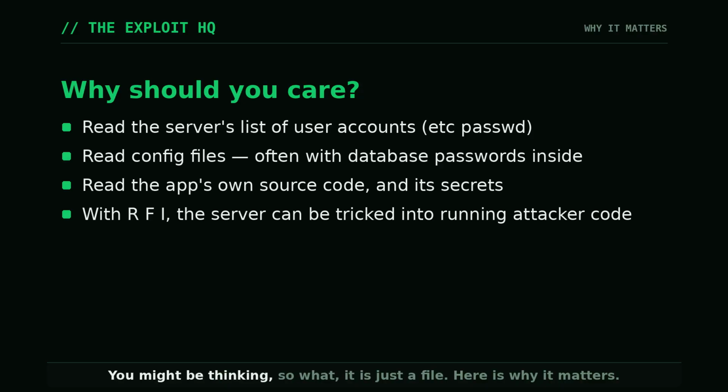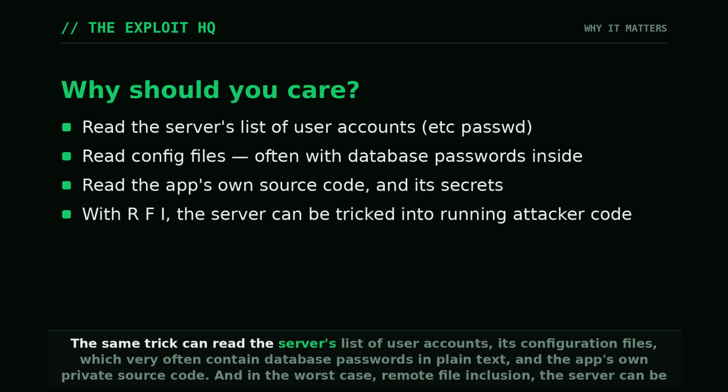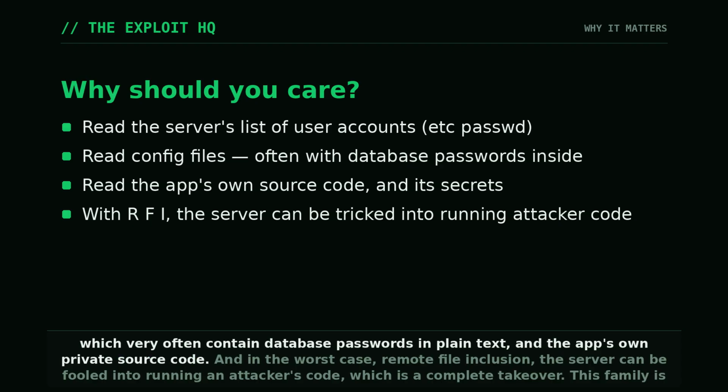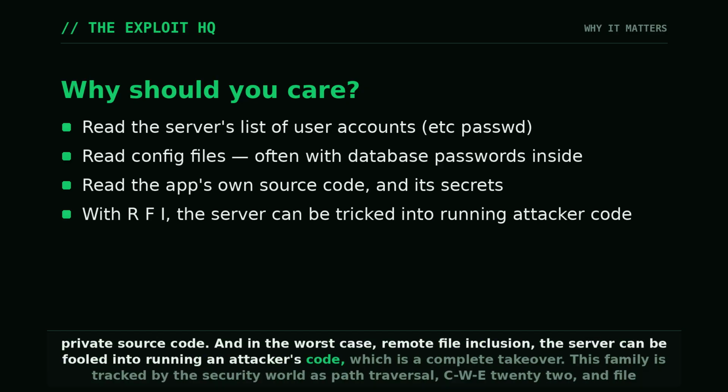You might be thinking, so what? It is just a file. Here is why it matters. The same trick can read the server's list of user accounts, its configuration files, which very often contain database passwords in plain text, and the app's own private source code. And in the worst case, remote file inclusion, the server can be fooled into running an attacker's code, which is a complete takeover.